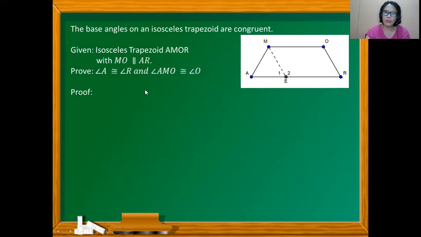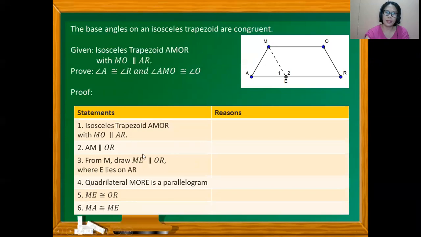And we're going to prove that angle A is congruent to angle R, which are the base angles, and angle AMO is congruent to angle O. If we are able to prove this, then we can say that this is really an isosceles trapezoid. So, let's complete the proof here. Isosceles trapezoid AMOR with line segment MO parallel to AR. This is given.